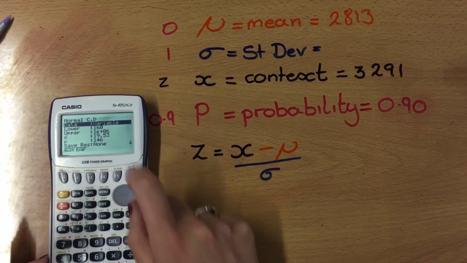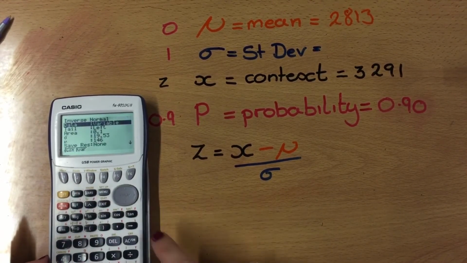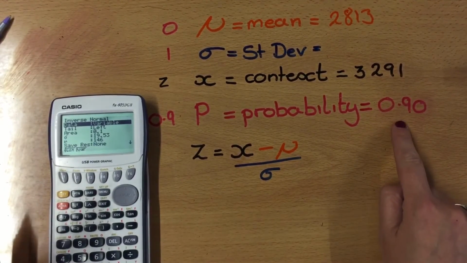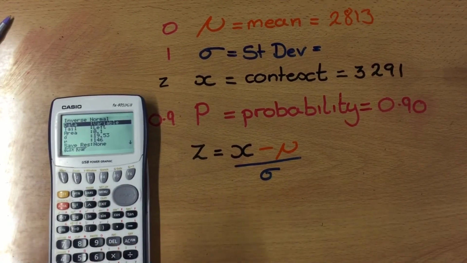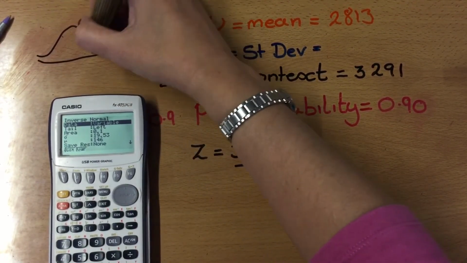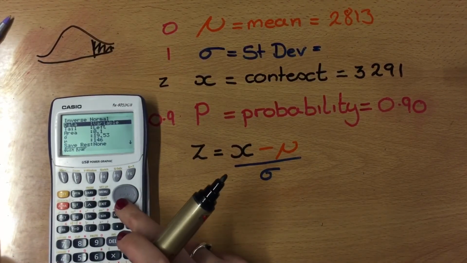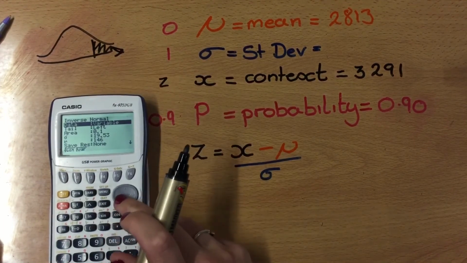Now we don't have either of our upper or lower bounds, which means we have to use an inverse. So if we want to know the probability that it is more than 90, then our tail, because we go that way and we want more than 90, is going this way, which is right.